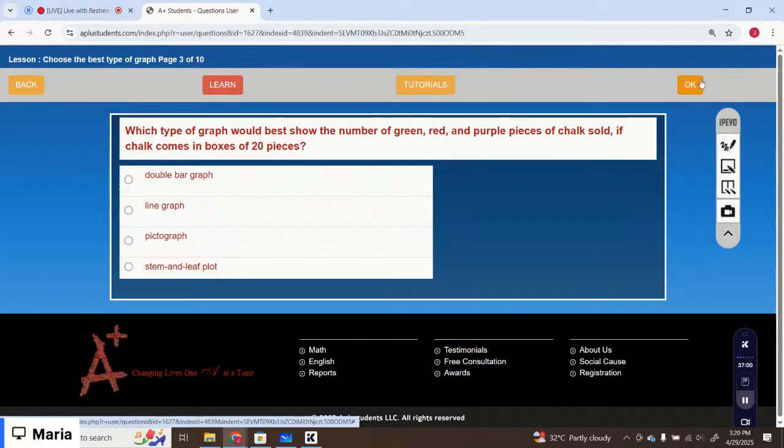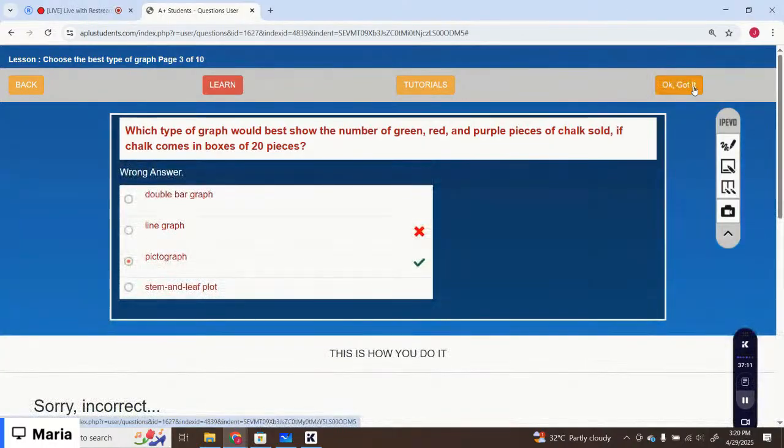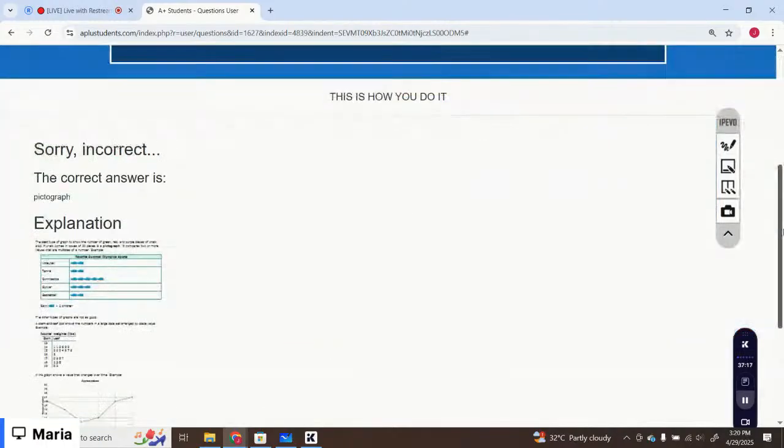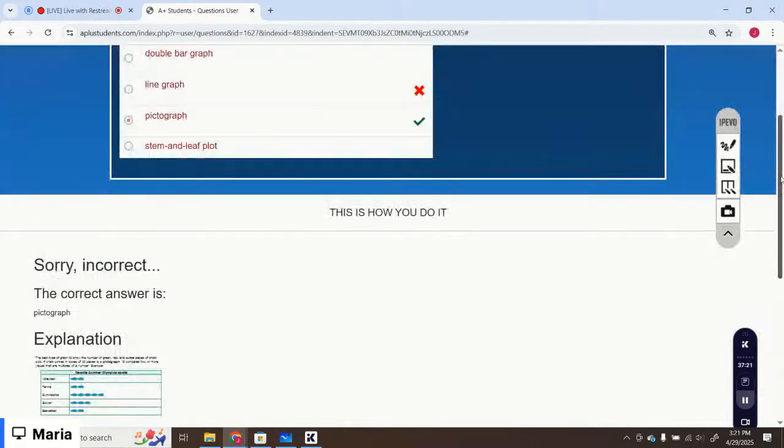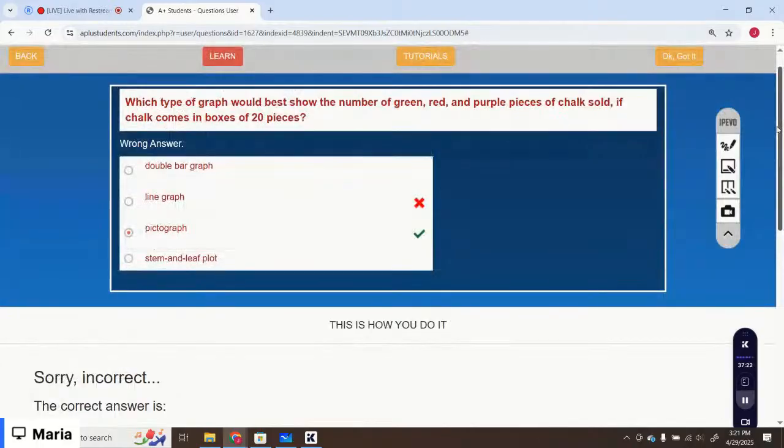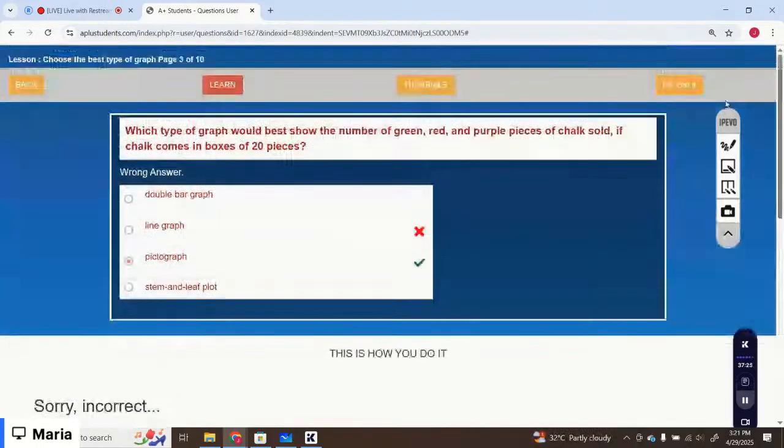Red, green, purple pieces of chalk. Okay, so that can be represented by line graph. Option number two is the correct option. That is why pictograph. Oh, because you have to represent the colors, so that can be represented by pictograph. So the correct option is pictograph.